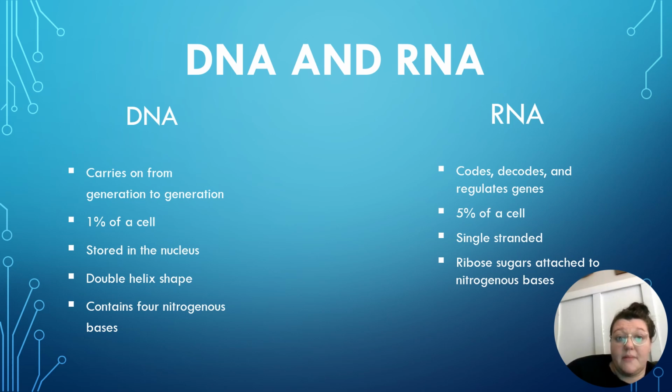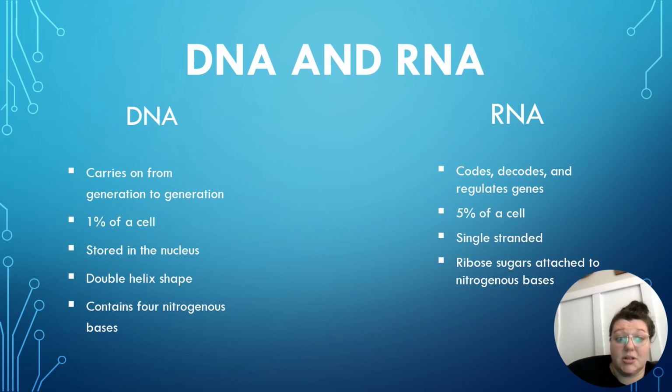So next we'll talk a little bit about DNA and RNA. So we've heard of DNA and RNA, and we know that DNA is what gives us our genetics. And DNA will carry on from generation to generation. So your grandparents, their grandparents, and so on have all carried these DNA cells down to you, and you will pass them on to your children.